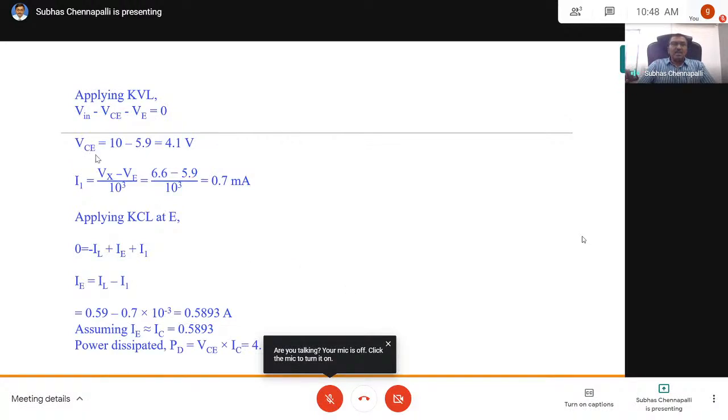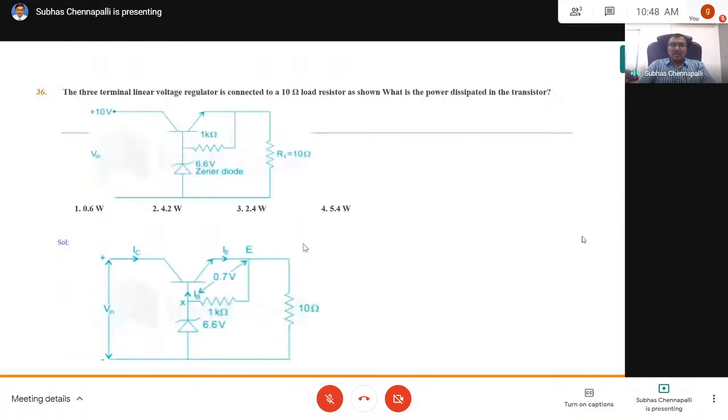So VCE is equal to VI minus VE. VI is 10, VE in the problem is 6.6, and the base emitter drop VBE is 0.7, so this becomes 7.3.